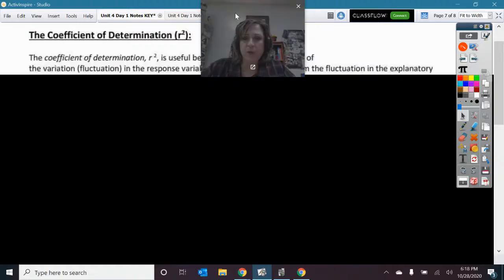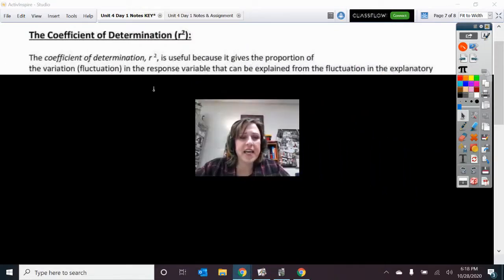What this is doing for us is it's telling us the percent or the proportion of the fluctuation that is happening, the varying amounts in the response, such as the cost of a pumpkin, how much the cost of a pumpkin changes, how much of that can be explained by the changes in its diameter.